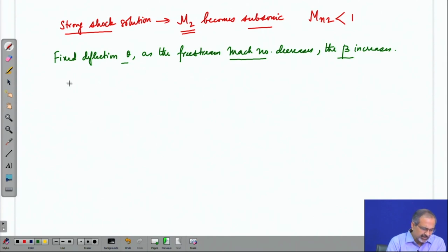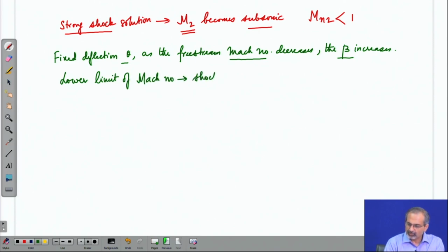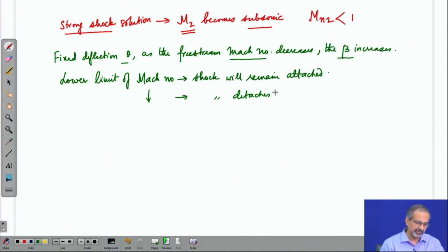So, that means there is a lower limit of Mach number for which the shock will remain attached. If the Mach number goes any lower, then the shock detaches. This is a very, very important information that one has to keep in mind.